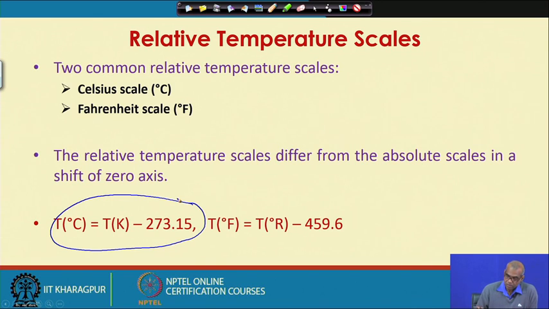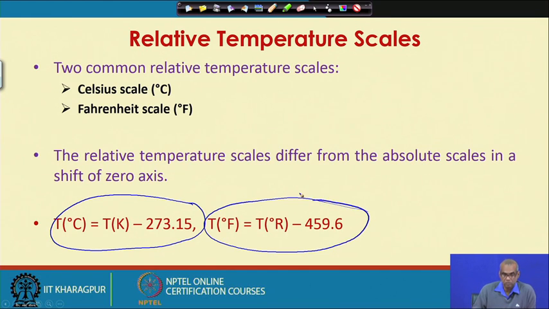Similarly, the relationship between Fahrenheit and Rankine is as follows. Temperature in Rankine will be temperature in Fahrenheit plus 459.6, or temperature in Fahrenheit is temperature in Rankine minus 459.6.